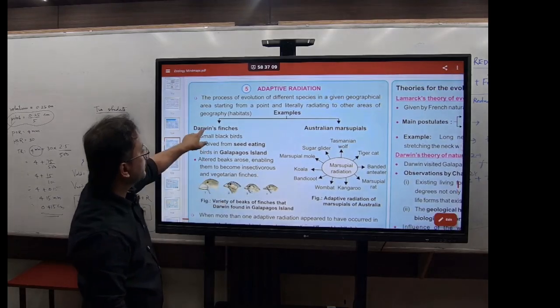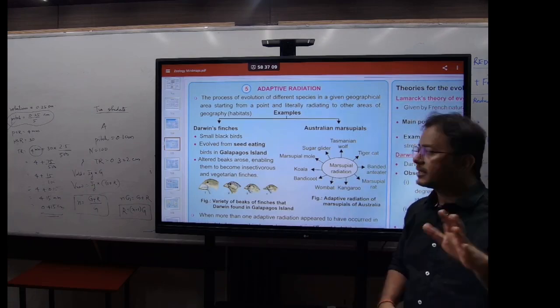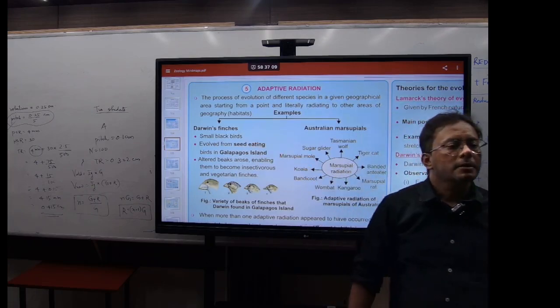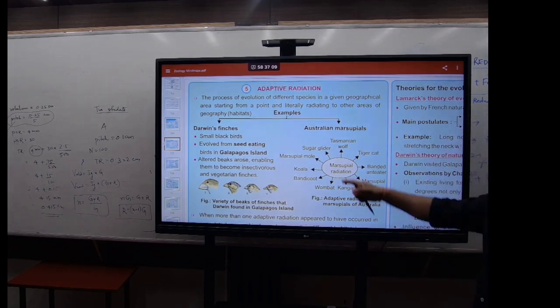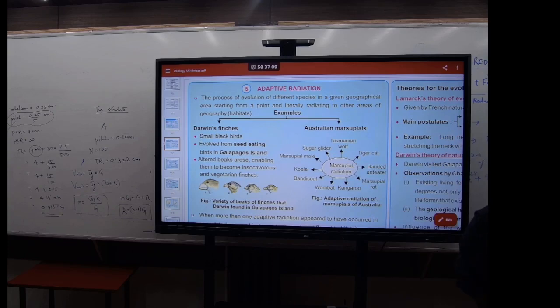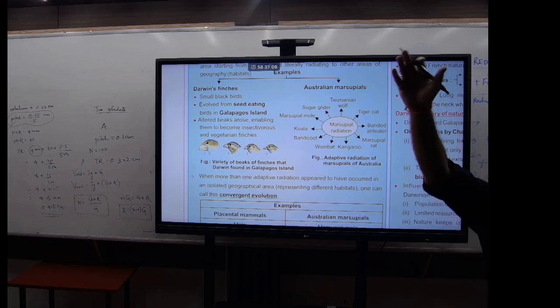The other example of adaptive radiation, the best example is Darwin's finches, small blackbirds found in the Galapagos Islands. See, guys, all these different types of Darwin's finches evolved from the same ancestor. It's just that they moved to different locations.